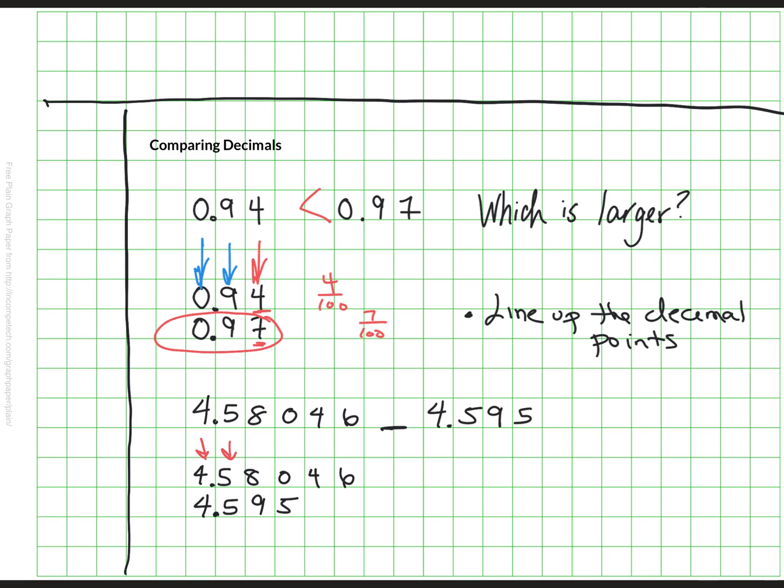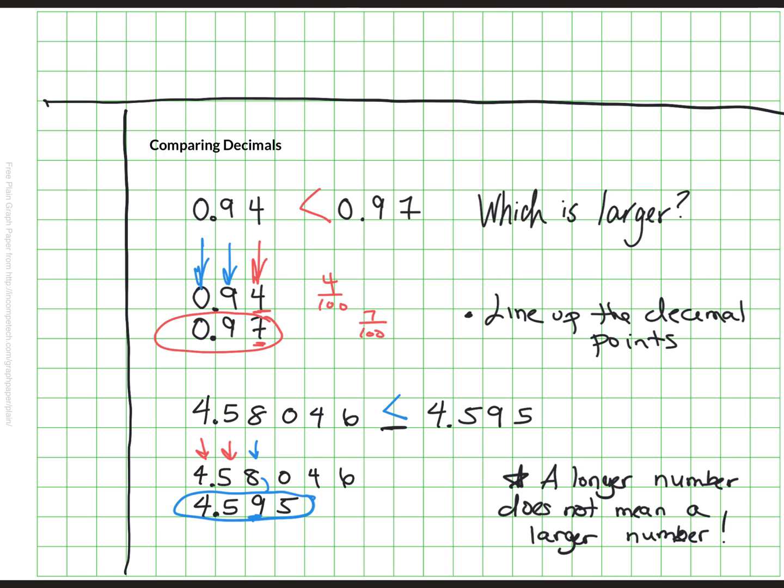But in this column here, they are different, right? So my 8 and my 9, those are the two things I'm comparing. The 9 is obviously larger, so that means this whole number is larger. So I'm just going to go ahead and mark it that way, right? That means it is larger. A lot of times, students think that the longer the number is, the larger it is, but that is not always the case. So just keep that in mind.